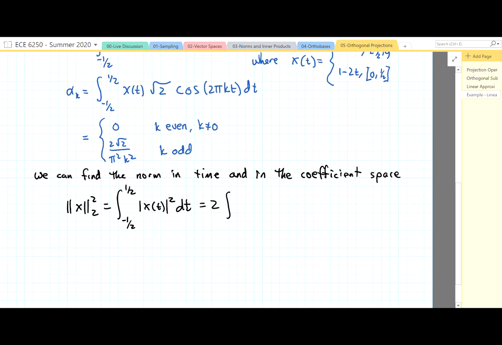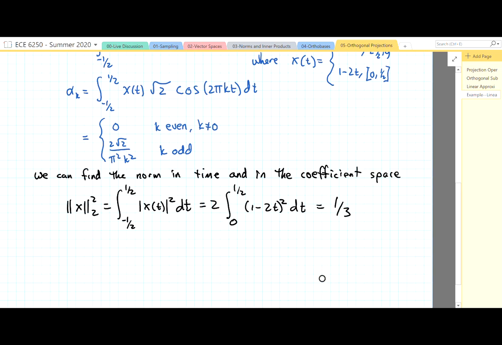That's equal to 2 times, because it's even, so let's just do half the integral, and this would be the integral of 1 minus t squared dt, and if we ran that out we would get not 1/2, but we'd get 1/3.